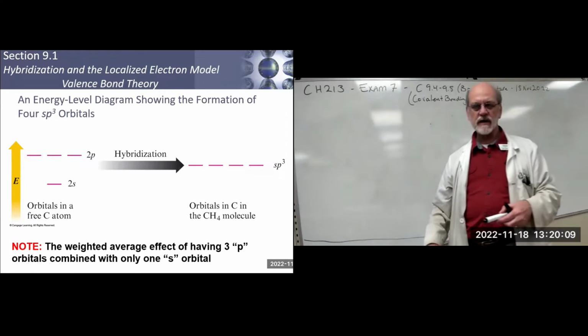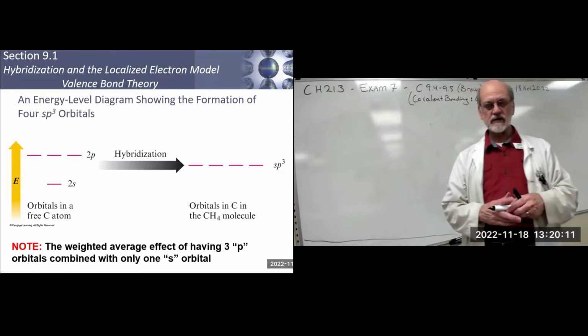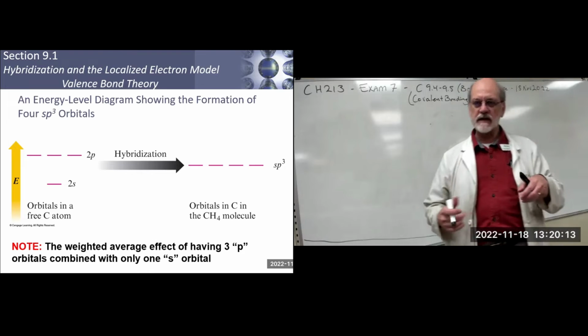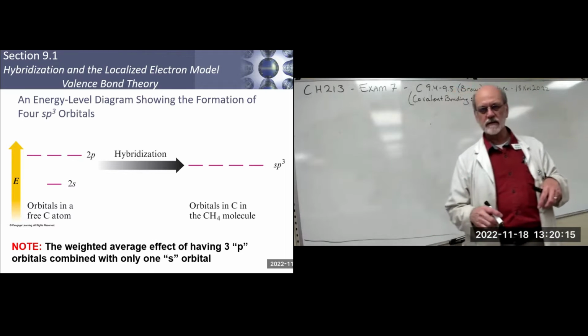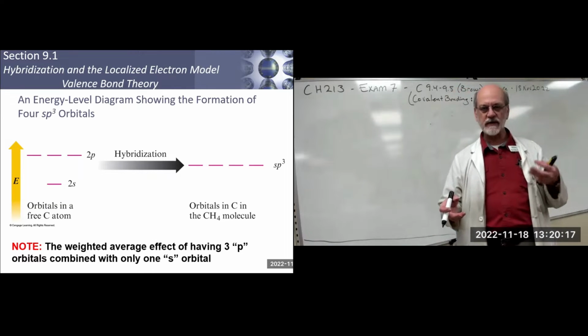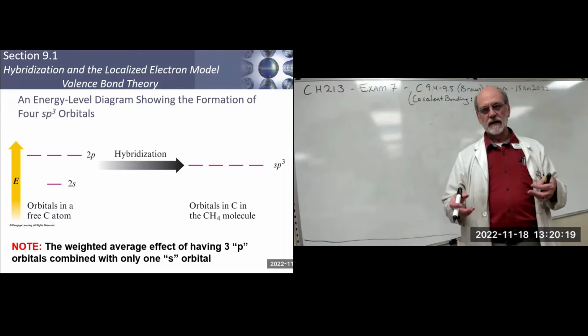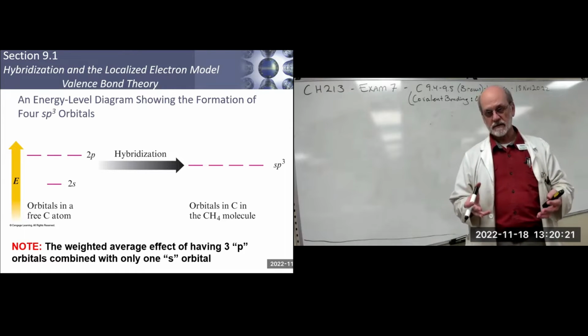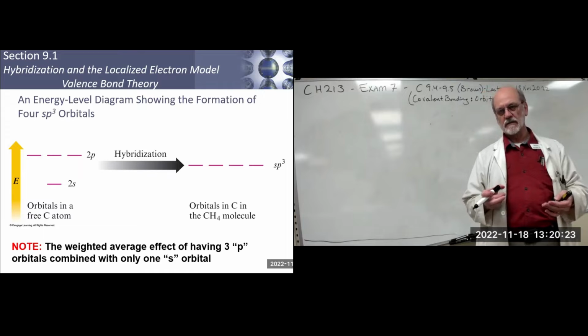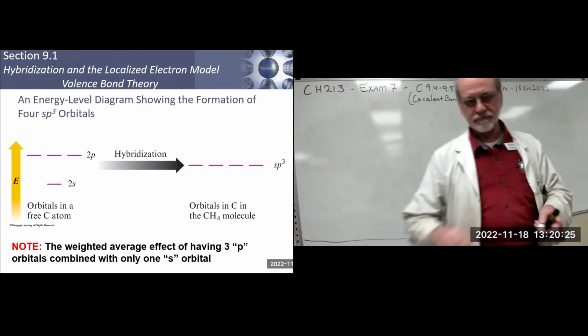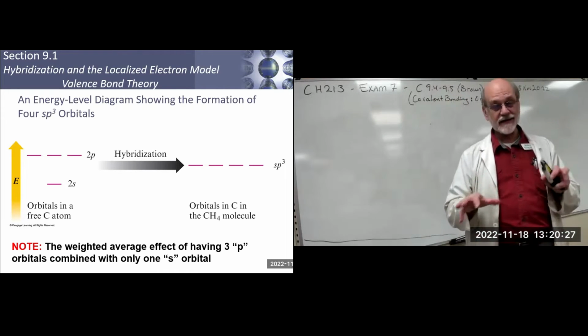The concept there is weighted average, right? Just like when we're calculating the molecular weight or the molar mass of an element, the atomic mass. It's a weighted average. And this is not an exact calculation, though.